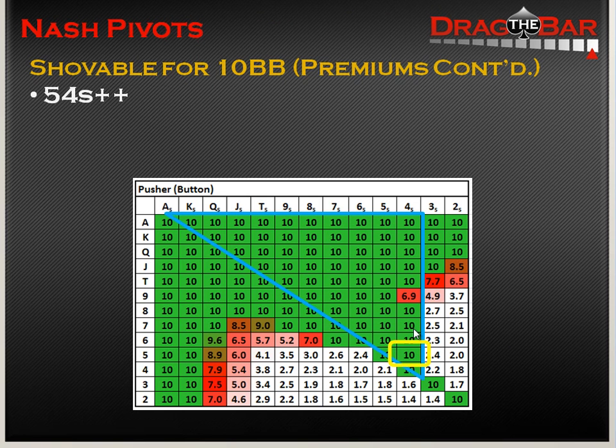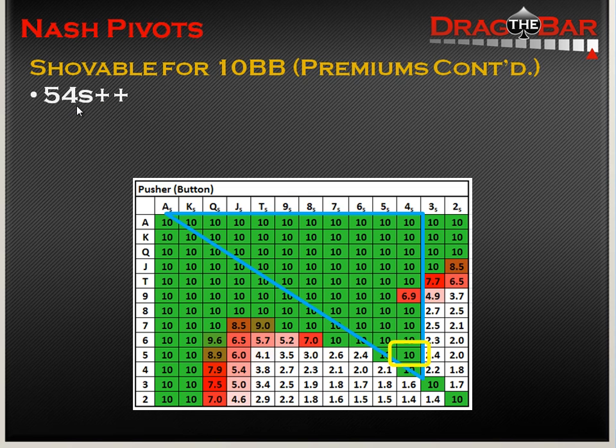So if we box this region out, we can say that 5-4 suited plus plus is a 10 big blind hand. That's kind of cool because the plus plus is a little notation I came up with. It means that if either of these 2 cards is greater than or equal to 5-4, then you can shove it.